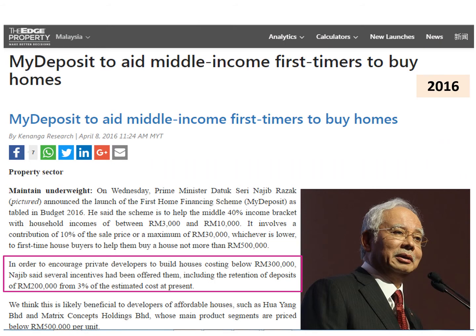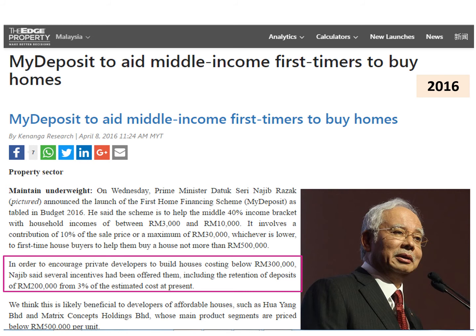In 2016, again to boost the housing development sector, the Prime Minister encouraged private developers to build houses costing below 300,000. The retention of the deposit of 200,000 or 3% of the estimated cost can currently be waived.